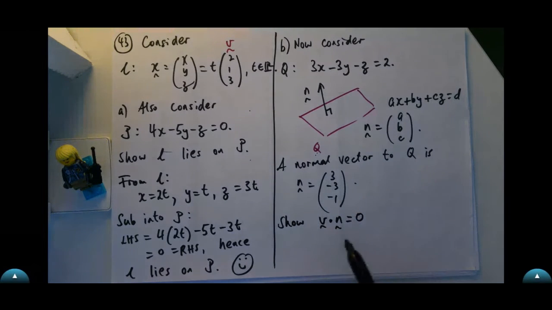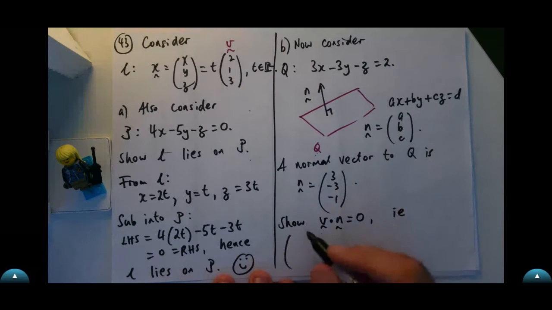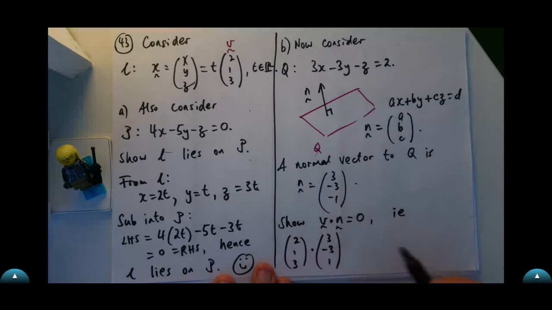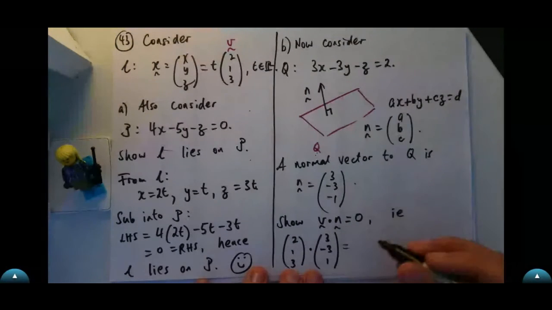Now, again, you might not have seen dot products yet in your algebra lectures. So let me just show you, right? Okay, to compute the dot product, it's that times that plus that times that plus that times that. That's how you do it.